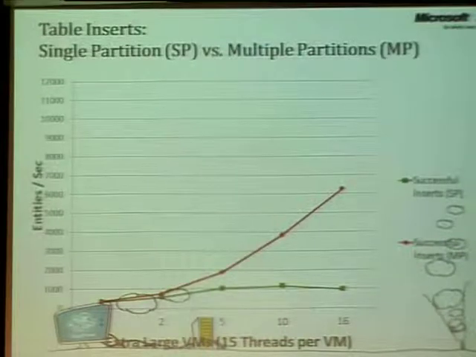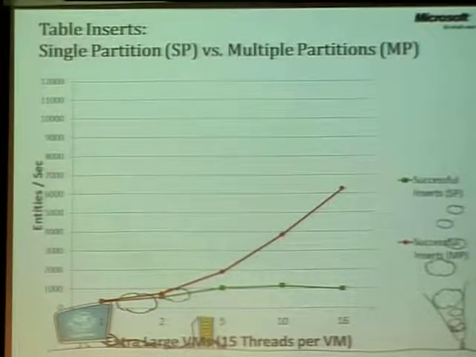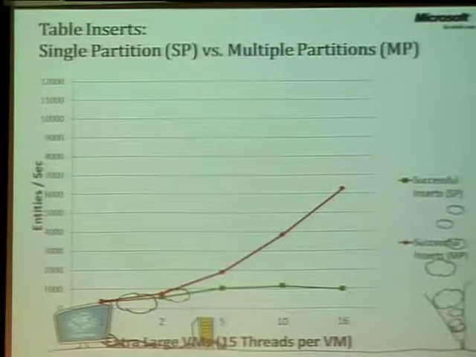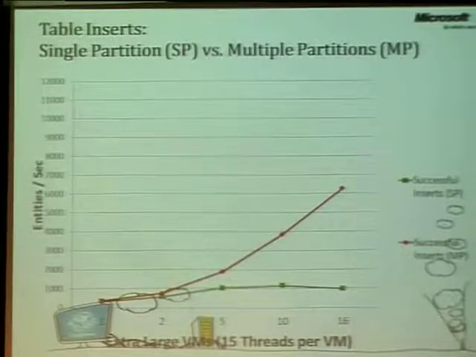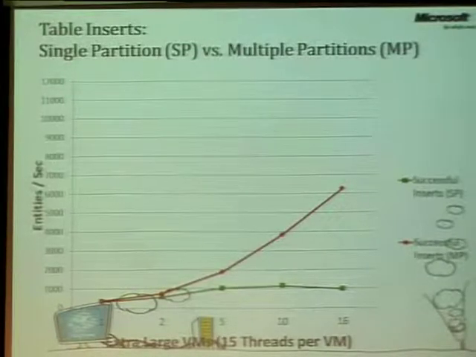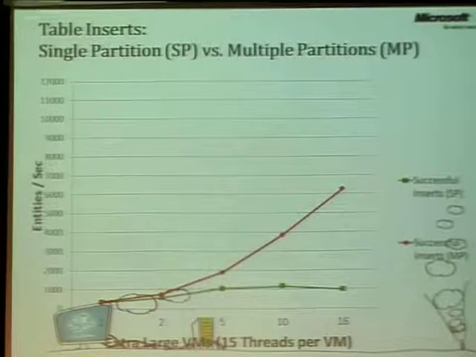If you look at the performance comparison, if I use 15 VMs with a single partition, my throughput is 1,000 requests per second. If I use my partition key properly, my requests are actually 6,500 per second. That is when I insert the data.